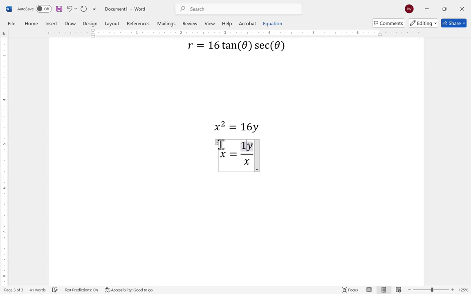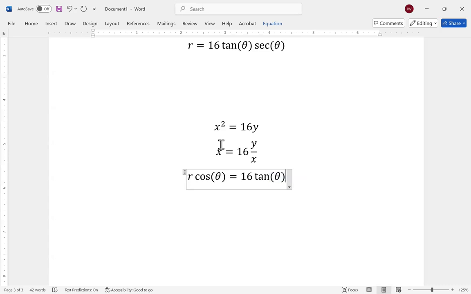Let me write it this way. Let's write it 16 times y over x. And then I could have said, oh, y over x is tangent. So x is r times cosine of theta. And then y over x is tangent. So that's 16 times tangent of theta.